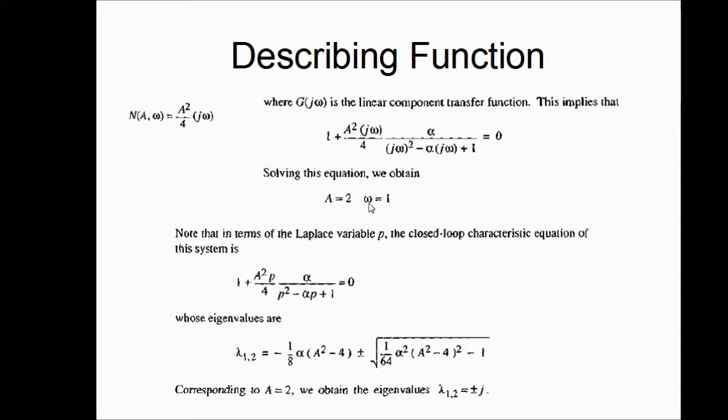So when x is a sin omega t, when a is 2 and omega is 1, a limit cycle oscillation is possible. So in terms of Laplace variable, we get the same conclusion when we obtain the corresponding characteristic equation and solving for its roots, which are the eigenvalues of the linear system. So the eigenvalues work out to be plus or minus j when a is 2.